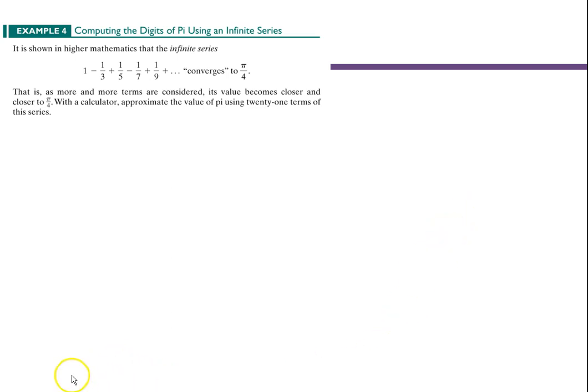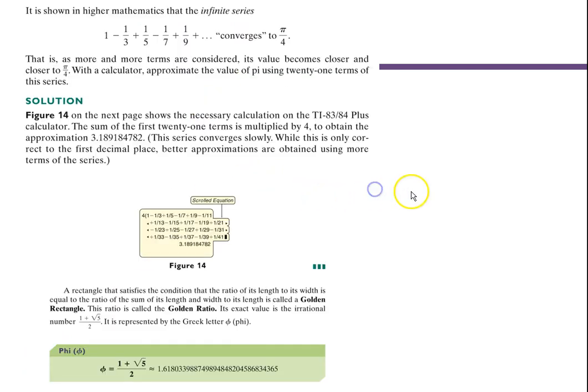Let me check. But it's not needed. It's for historical purposes here. And they give you more detail. And then they also go toward the bottom here to show you the detail of the golden ratio, the calculations. This is just for historical purposes.